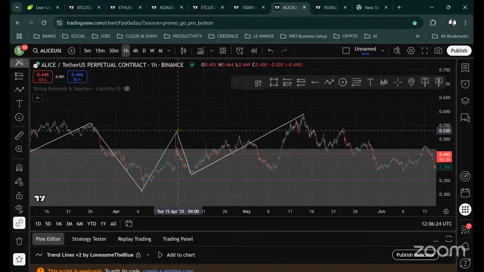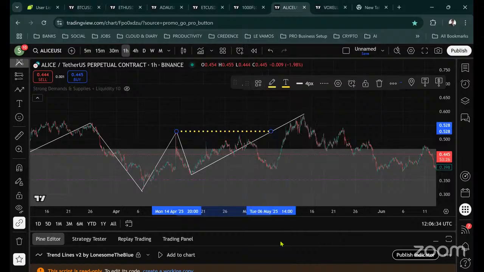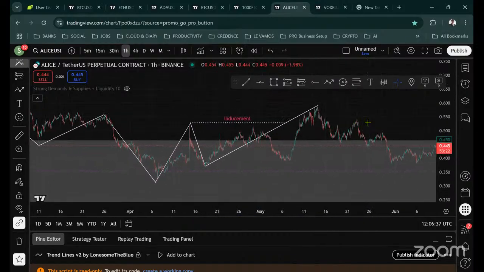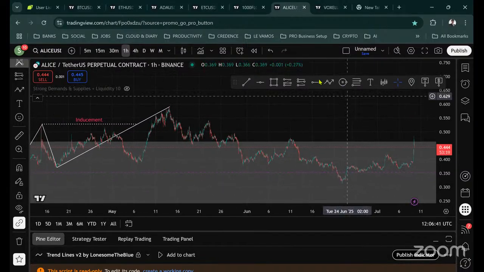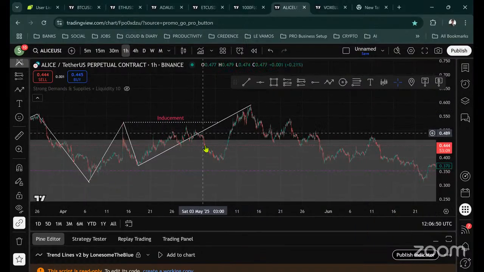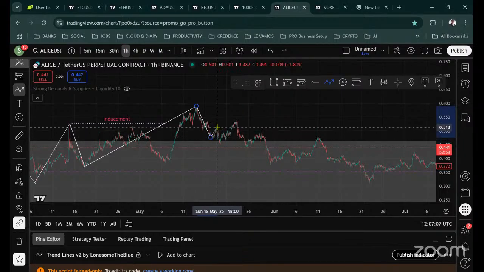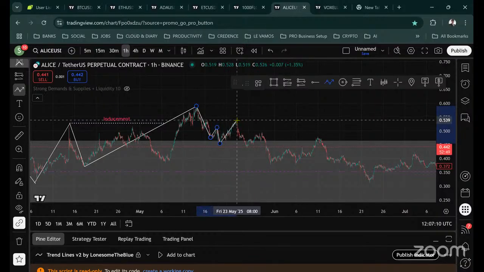Here I will point. So again, it is going downwards. Let's say here another correction.